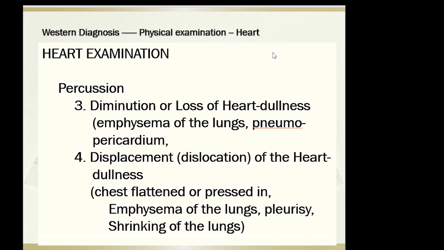But here we are mainly talking about the heart. Affecting the heart changes mainly comes from the heart itself, or maybe from the pericardium around the heart, or the pleural cavity, or the lung. And then the sounds change.